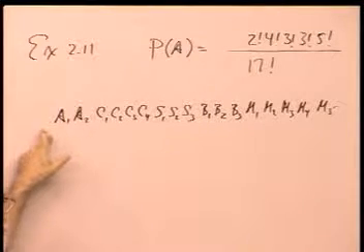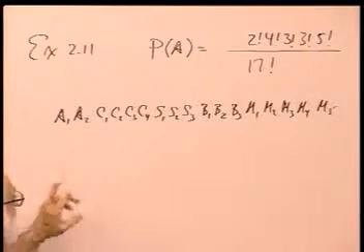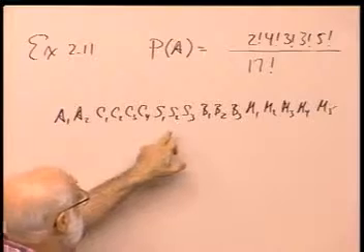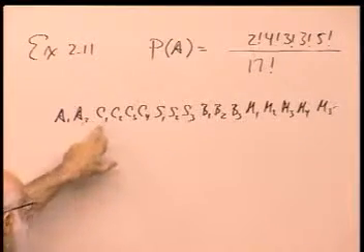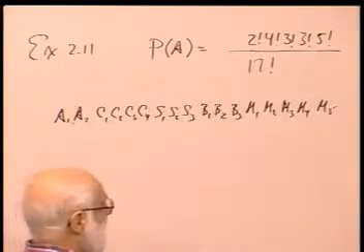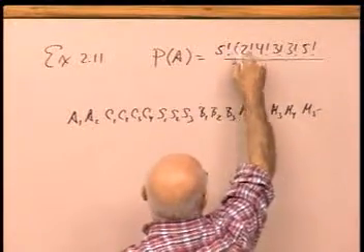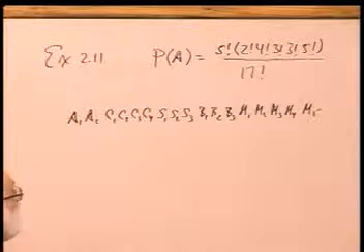I could have computer science and then anthropology. So now I have to multiply this by the number of different ways I can permute ACSBM. And there are 5 different types, A's, 1, 2, 3, 4, 5. So I have to multiply this whole thing by 5 factorial. The same principle, but I'm applying it twice. And now I just do the arithmetic.